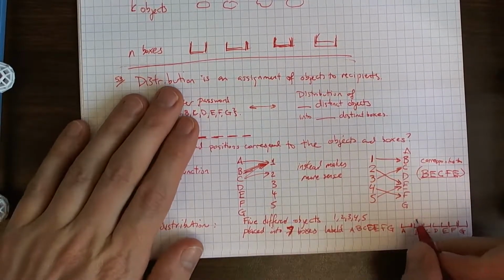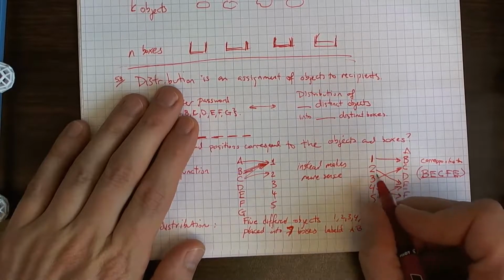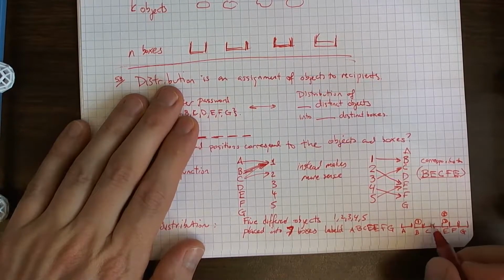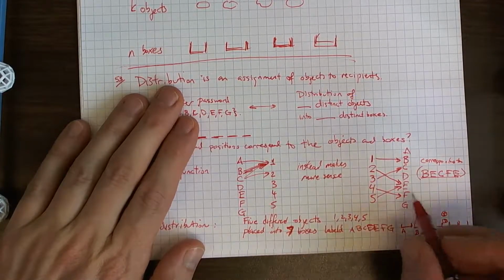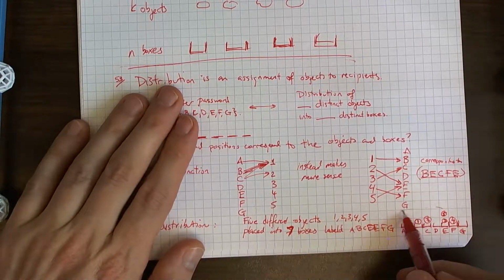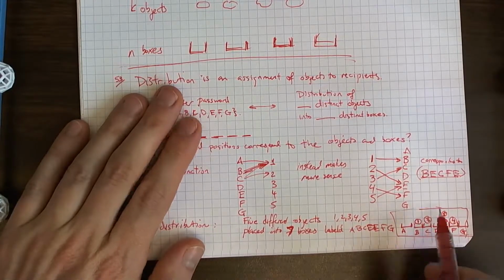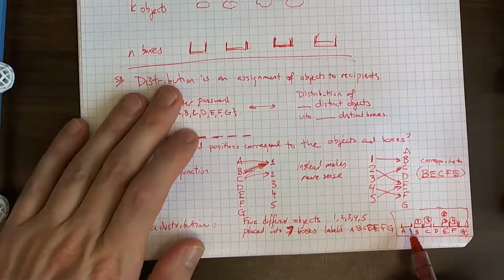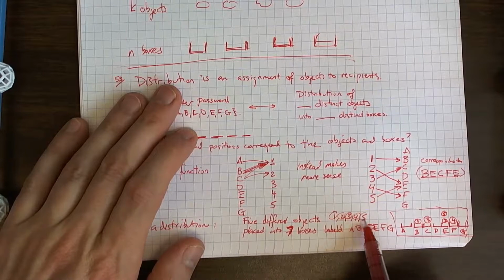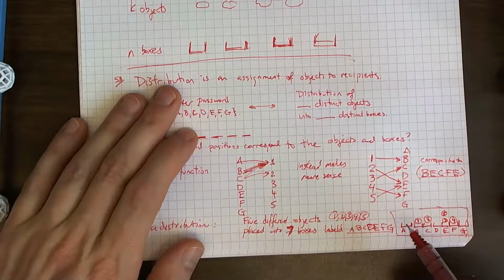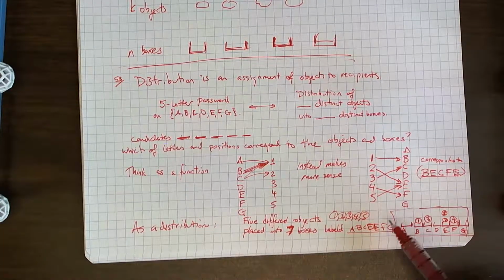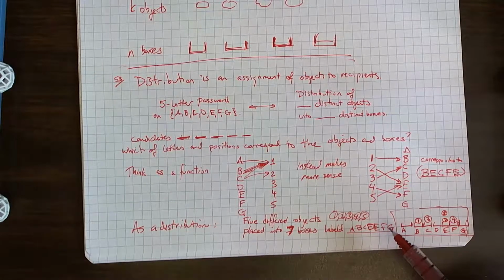And what we're doing is putting ball number 1 in the B box, ball numbers 2 and 5 in the E box, ball number 3 in the C box, and ball number 4 in the F box. So as a distribution, the right way to think about this password is that 5-letter passwords correspond to placing 5 different balls labeled 1 to 5 into 7 boxes labeled A, B, C, D, E, F, G. So that's how we can see this password as a function, as a distribution.